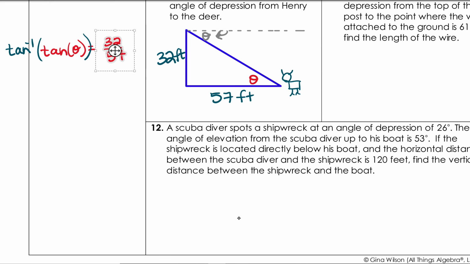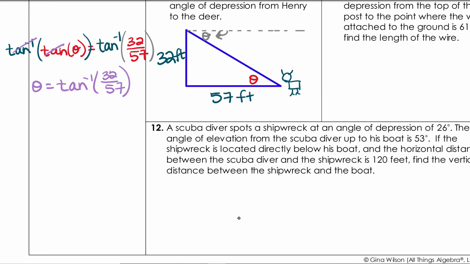Remember, sine, cosine, and tangent, we're not multiplying by specific numbers. These are functions. So to reduce a function to 1, so that I have 1 times this angle, you have to multiply a function by its inverse. So now, these cancel, and I'm left with the angle is equal to the inverse tangent of 32 divided by 57.